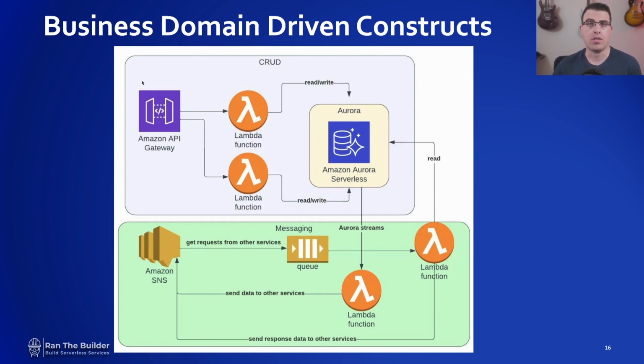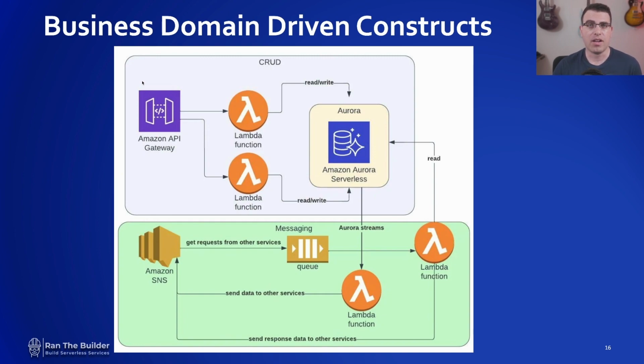I might even put it later on in its own repository, its own stack, because it takes like 20 minutes to deploy. So I want to deploy it once and have all the developers use it. It's a possibility, but it's a construct that the CRUD creates, right? It's an inner construct inside the CRUD construct. So I have two constructs, the CRUD and the messaging, and they have connections between them. So this is how I would model it.